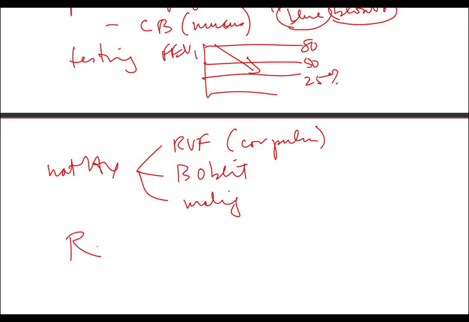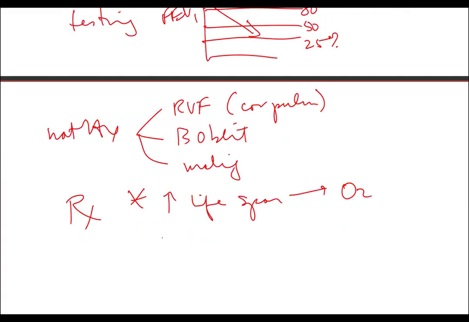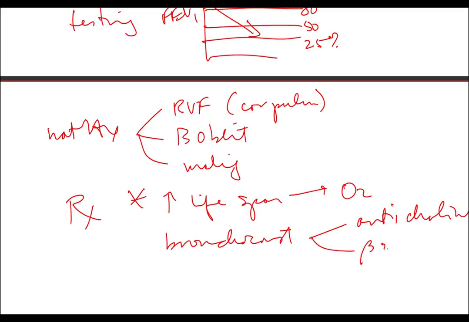And then when we talk about the treatments, obviously stopping smoking is the most important, but the only thing that's going to increase lifespan is going to be by giving supplemental oxygen. The drugs that we can use for bronchoconstriction are going to include our anticholinergics, our beta-2 agonists, and theophylline.